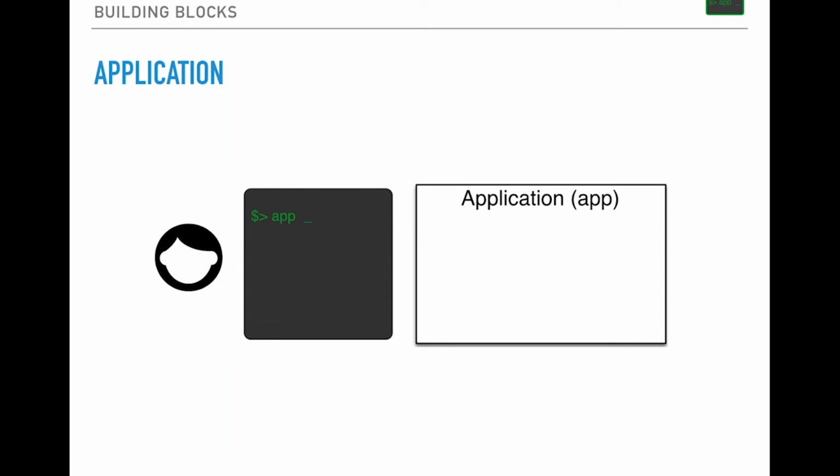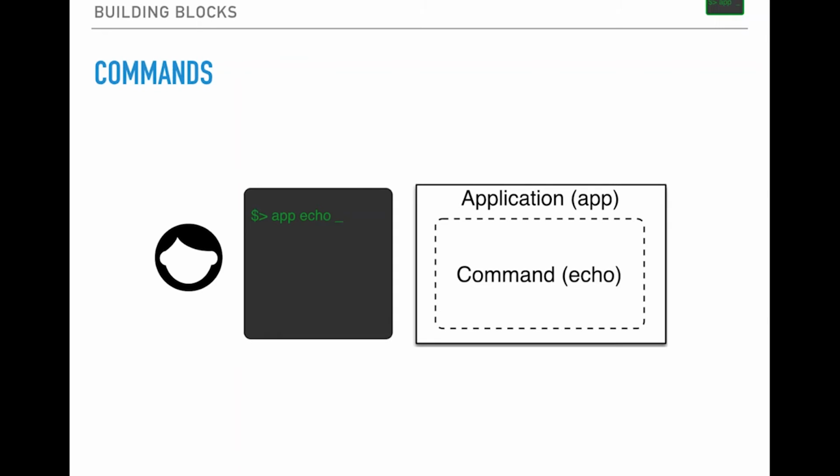Let's take a look at this representation of what happens when you use the console component. On the right, you have a representation of the application class, and then we have a representation of the terminal. The app is the executable file. This is the entry point to our application. We are going to be developing right now a very simple command called echo.